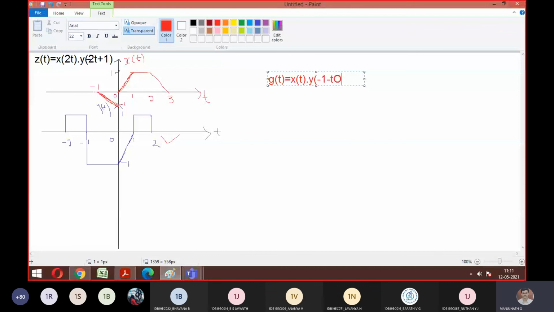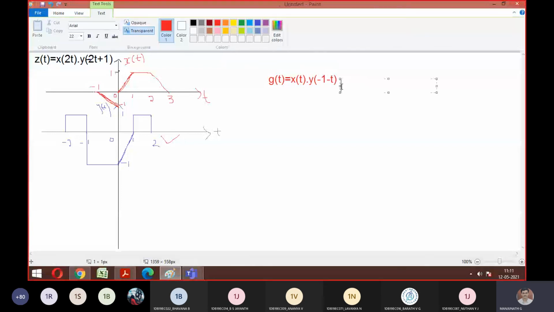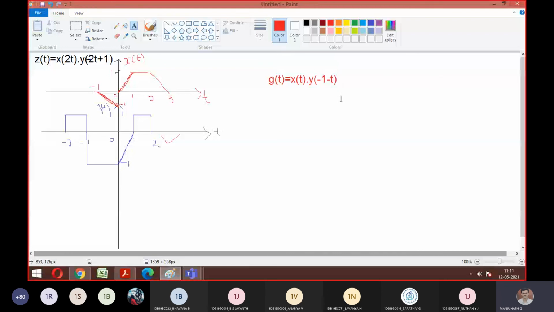So perform this. This is one more possibility. For the same question, you can ask different category. One may be without this minus, only 2t plus 1. One is -2t plus 1, and one more is like this, -1 minus t. Perform this and tell me what type of answer you're going to get.